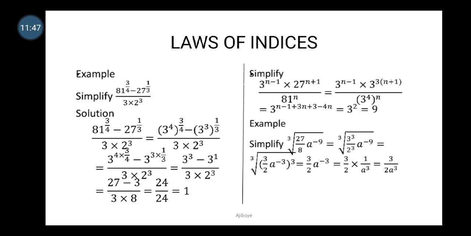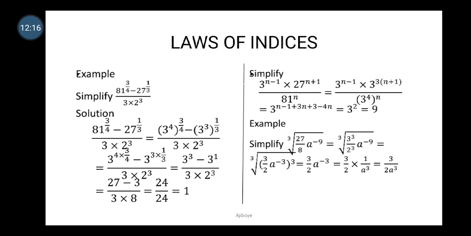So that will be 3 raised to the power n minus 1 plus 3n plus 3. Then you subtract the denominator index, that is minus 4n. n plus 3n will give us 4n, and then 4n minus 4n will become 0. Then you have minus 1 plus 3, and that will give us 2. So your final answer will now be 3 raised to the power 2, which is equal to 9.